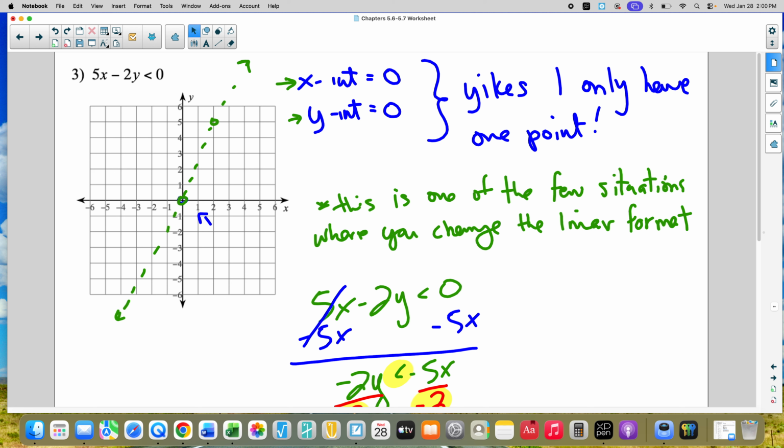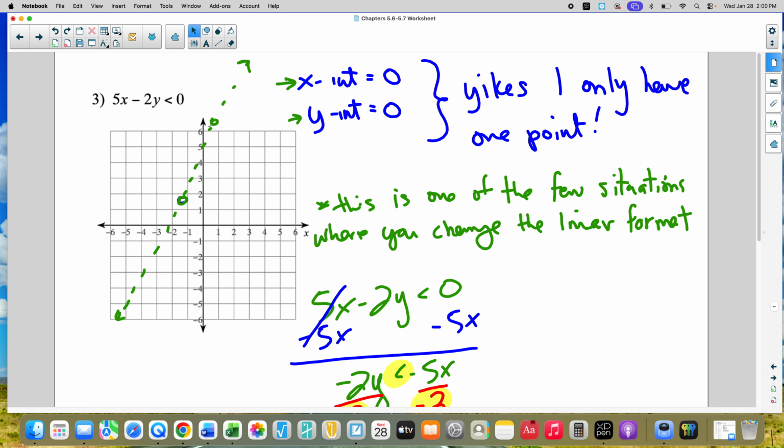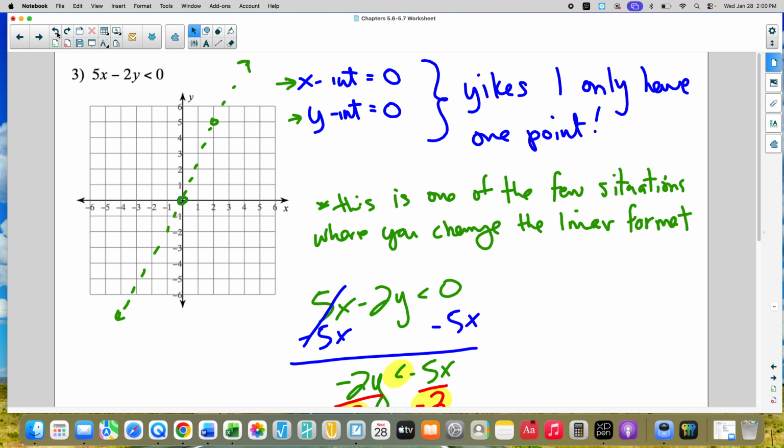I need a point somewhere else, either in this area, over here, or down over here. So I've got to pick another point. I'm going to test this point. I'm going to test the point 4, 0. It's nowhere near the line, 4, 0.